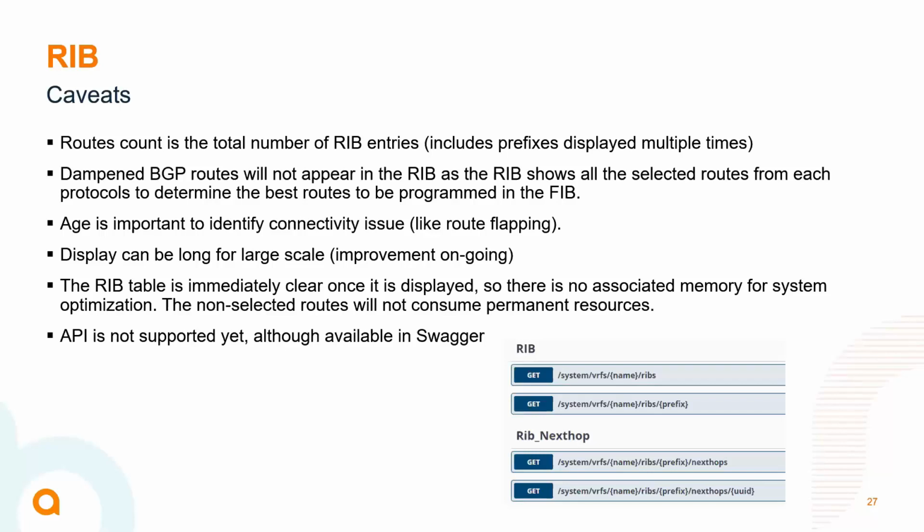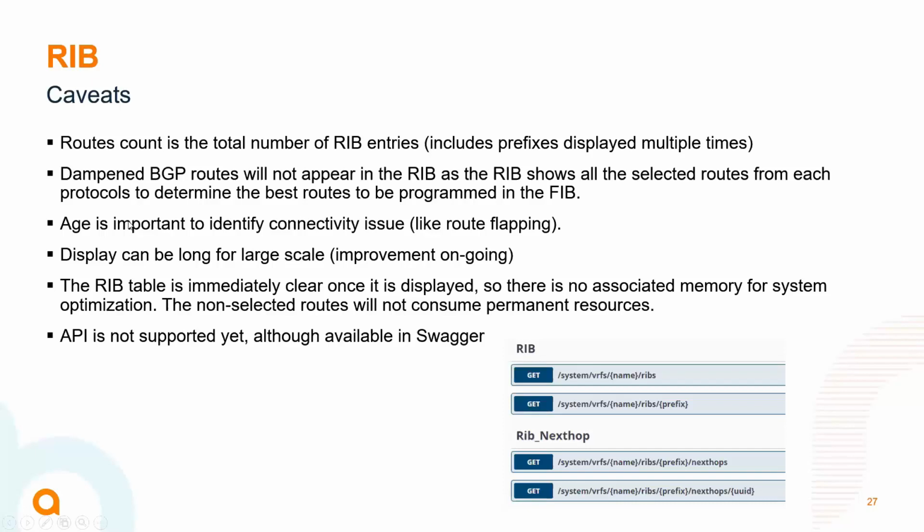So we asked R&D if we can have that particular feature as an enhancement. It might be for a future release. So route age, we talked about that. This is important to identify route flapping or link flapping between equipment.